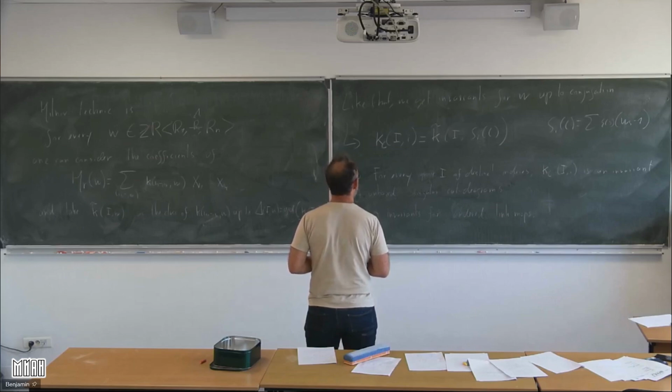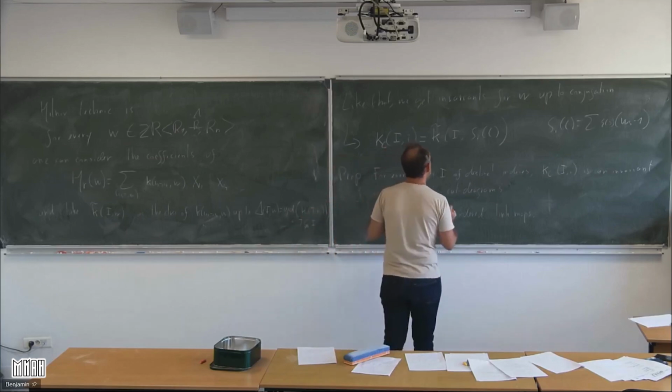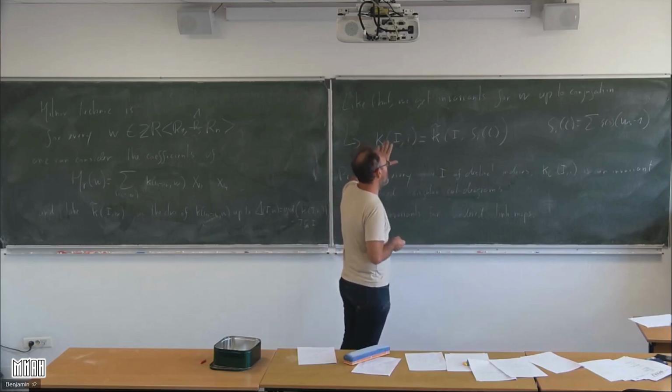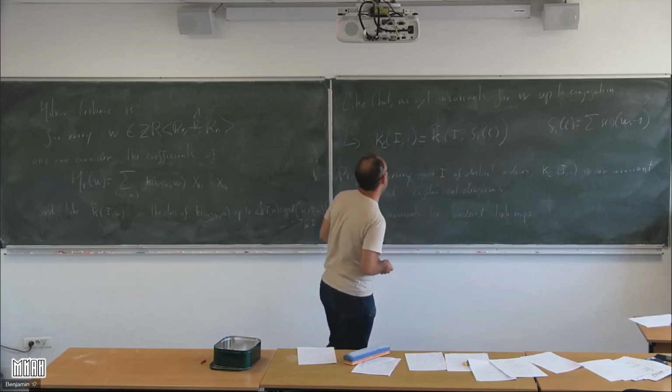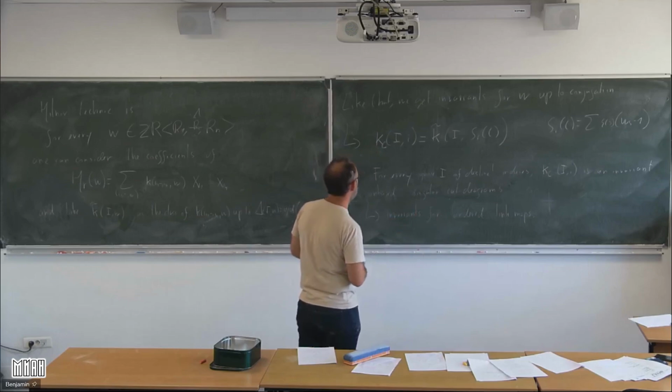I think I will not have time to give examples, but in our paper we have several families of examples with explicit computations, so that we have some families of link maps which have all these invariants vanishing until order n, and with order n invariant which is non-zero.